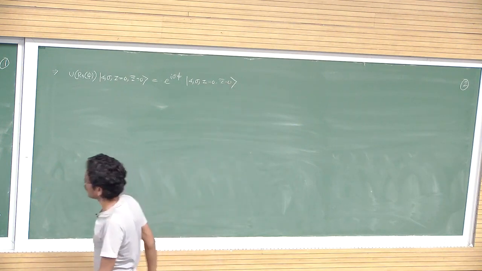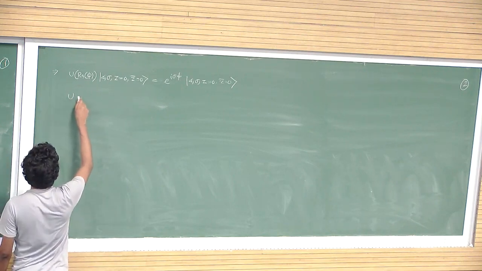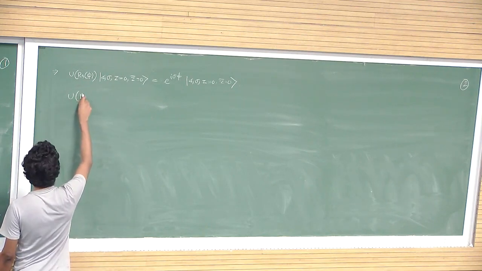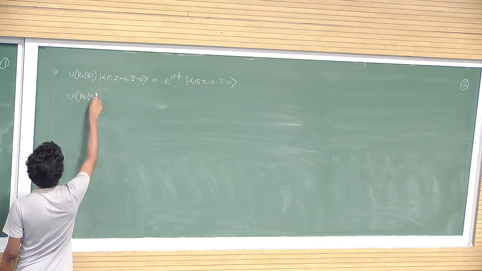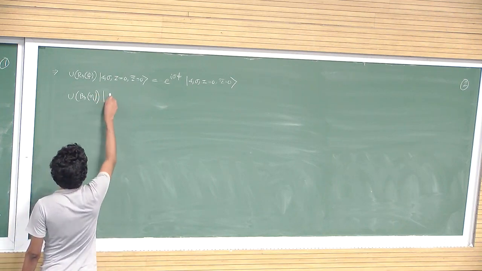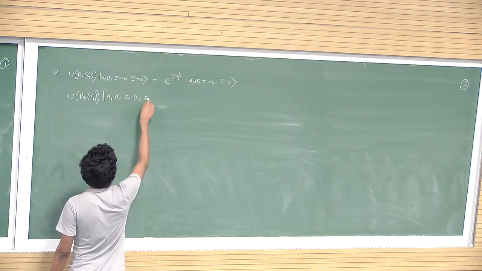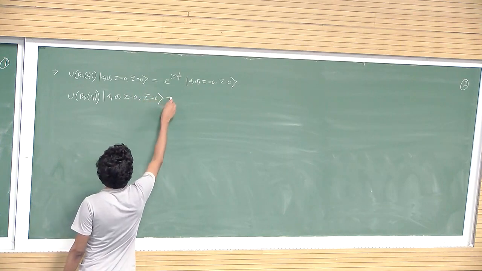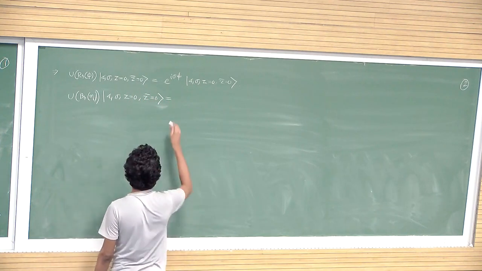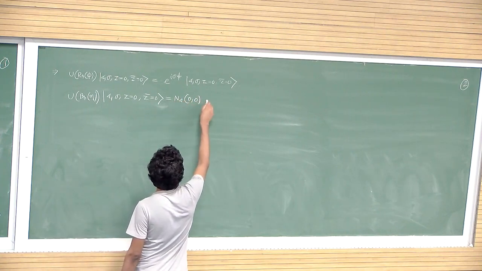And I told you that there is one extra element, that is the boost in the third direction, and the action of that boost is U(B3(eta)). Eta is called the rapidity.